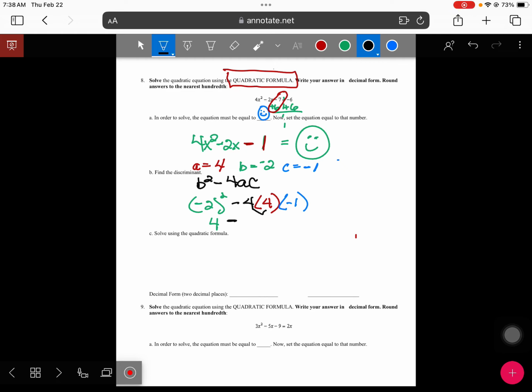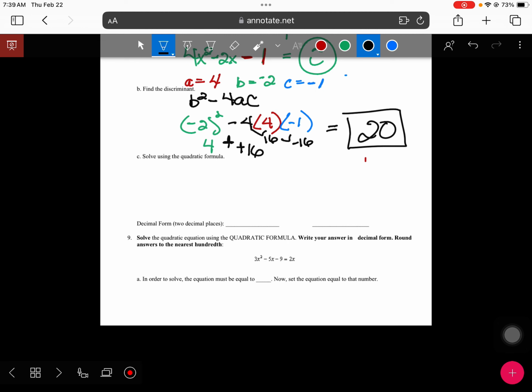So 4 times 4 is 16. And 16 times -1 is -16. So 4 minus -16, can't do that. Add the opposite. My discriminant is 20. So I know I am going to have 2 real roots.